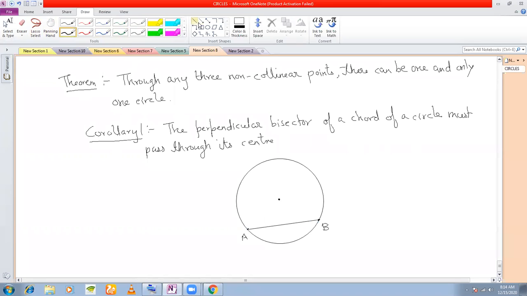If I have a perpendicular bisector of this chord, then according to this theorem, it must pass through the center of the circle.